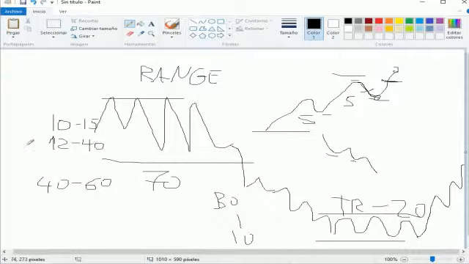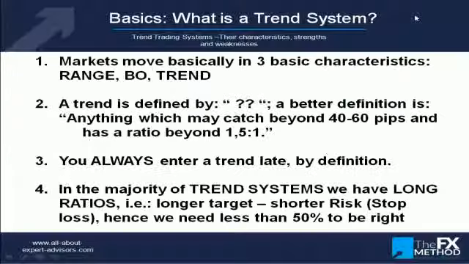Everything between 12 and 40, I would say it's a medium target system, and anything beyond 40, 50, 60 pips, it can be 500 pips, 200 pips, 120 pips, it's definitely a trend system. But not only, it must have, in general, there is an exception I will give you later, it must have a ratio of 1.5 to 1.